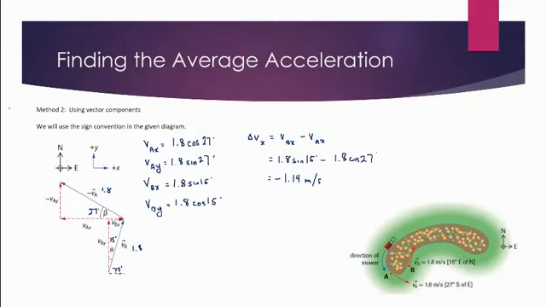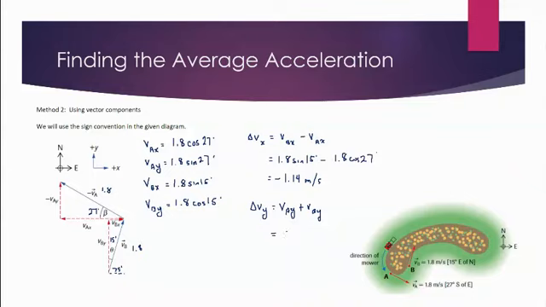So visually, you can see that both VB and negative VA are pointing up, right? So we'll be adding these two for the change in the velocity in the y direction. So delta Vy will equal VAY plus VBY. They're both pointing straight up. They're both positive.